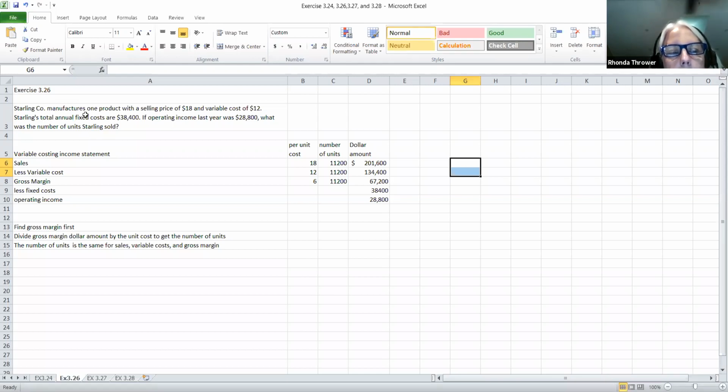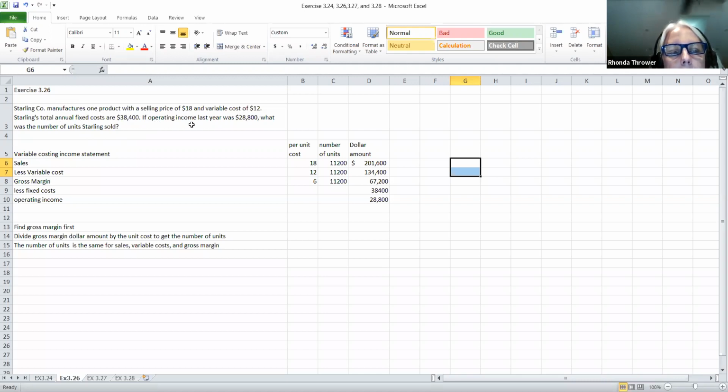We're going to be the Starling Company, and we're manufacturing one product with a selling price of $18 and a variable cost of $12. Starling's total annual fixed costs are $38,400.